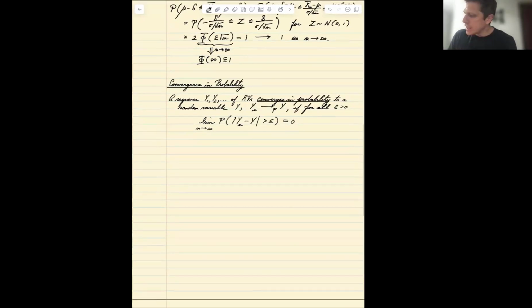And this is the concept that we deal with when we define what's called the weak law of large numbers.